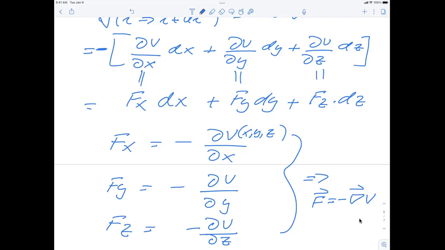It's not uncommon that you will be given a potential energy, and with that potential energy, you can derive the force.